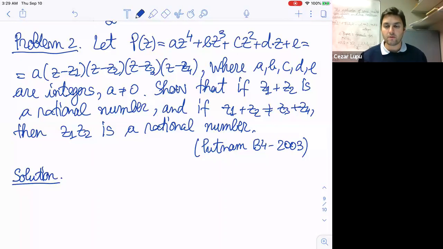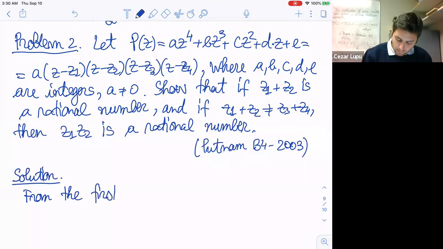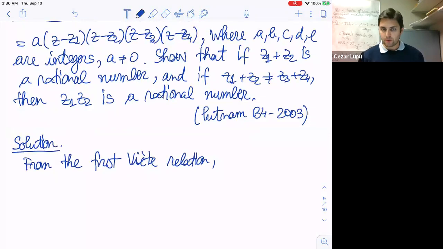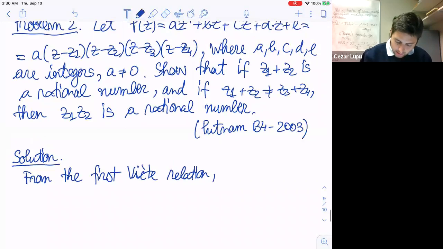So keep in mind that the degree of the polynomial is 4. And what we're trying to do right now is to write the Viet relations. The first Viet relation is the sum of the roots, z1 plus z2 plus z3 plus z4.